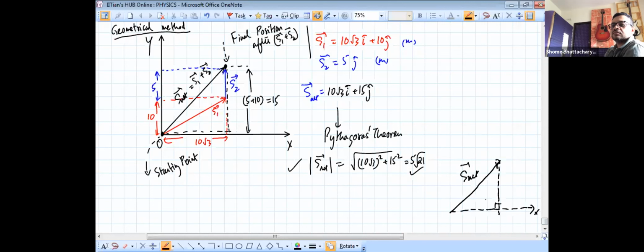This is a right angle triangle, isn't it? This is 15 and this is 10 root 3. This is a right angle triangle, isn't it, son? Understood also? Okay. Sorry, Yuvraj, you understood this, I hope? That this is a right angle triangle.